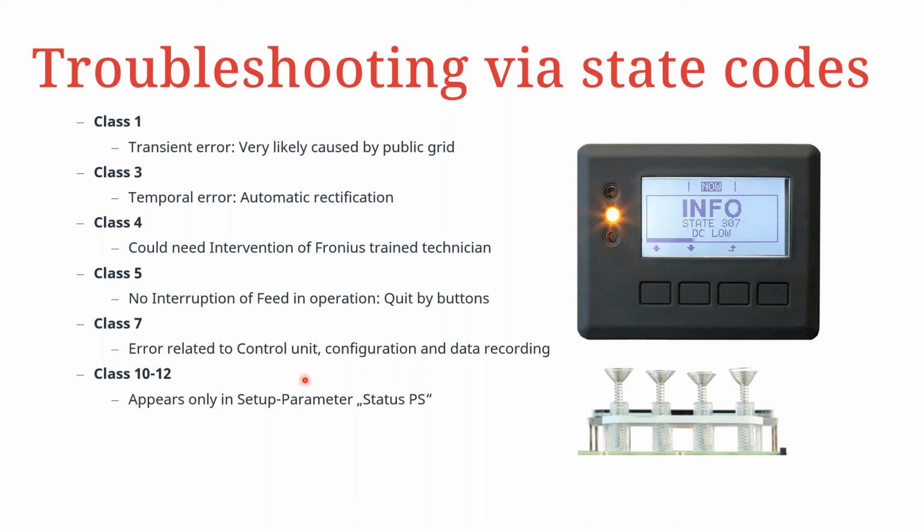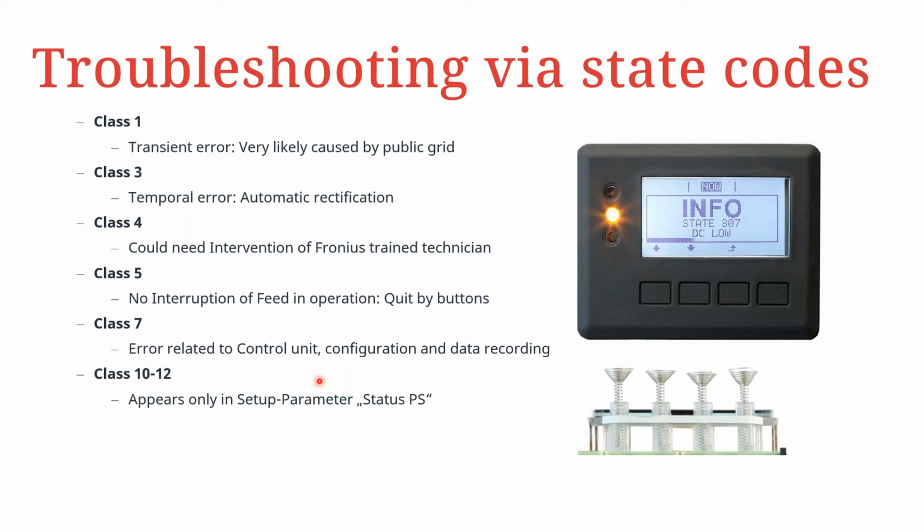Class 3 errors are temporal errors that are easily corrected by automatic rectification or sometimes simply by restarting the inverter. Then we have class 4 errors, which need the intervention of a Fronius trained technician. Class 5 errors come as a result of an interruption of feed-in operation, and this is usually arrested by the quit buttons.